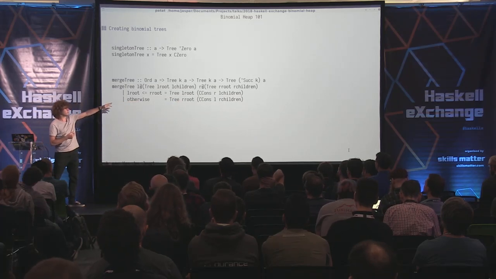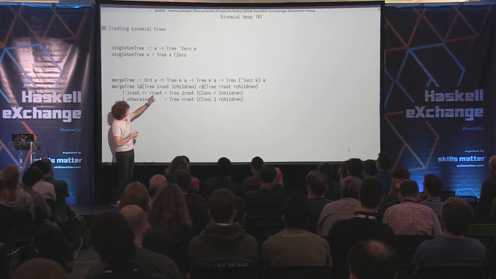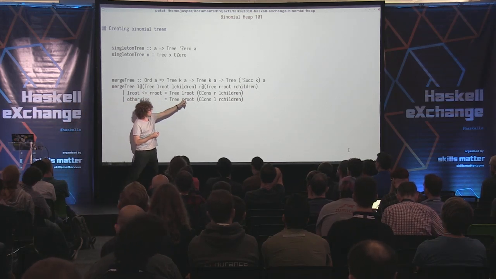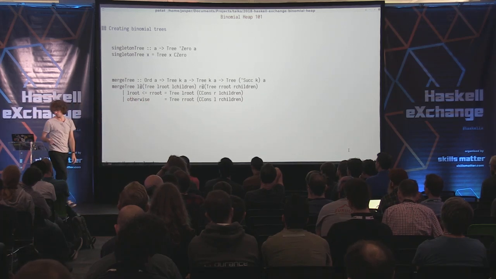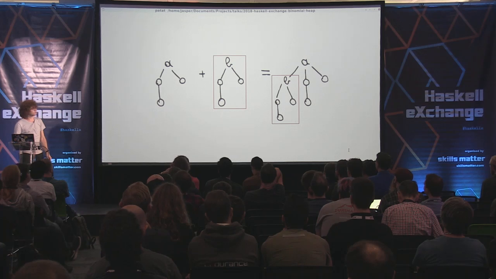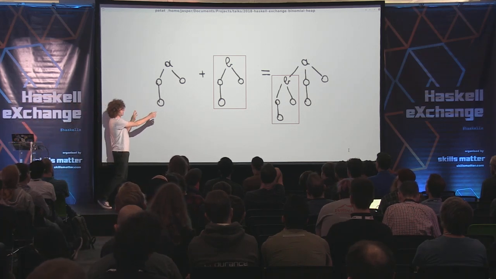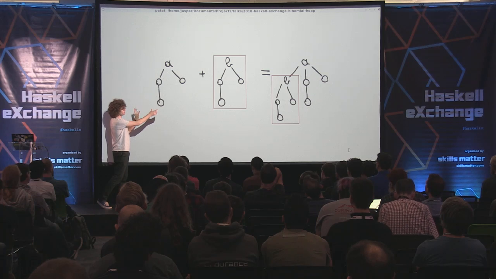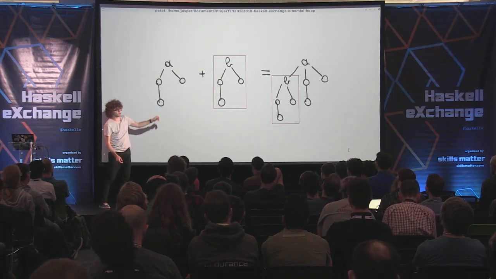The merge is actually very simple. We just add one of the trees to the other one, but we take care to keep the least element at the root. So this is a picture of doing that. If we want to merge these two trees together, that works out because they're the same order. B is bigger than A, so we put B as the child of A.